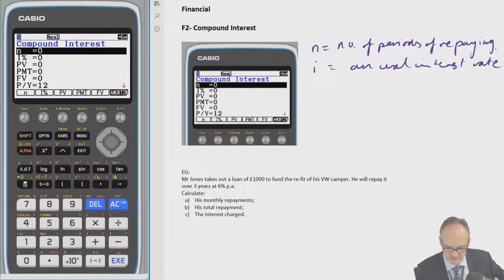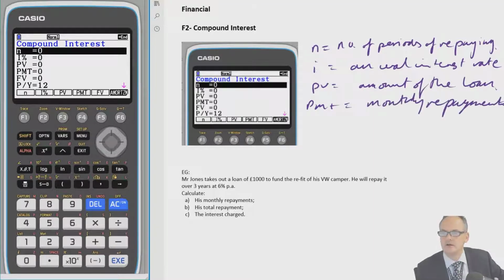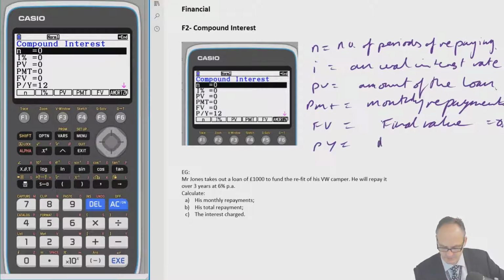PV here is the amount of the loan. PMT is going to be your monthly repayments. FV is the final value, which is usually 0, because we always want to pay it off. PY is the number of times repaying per year.